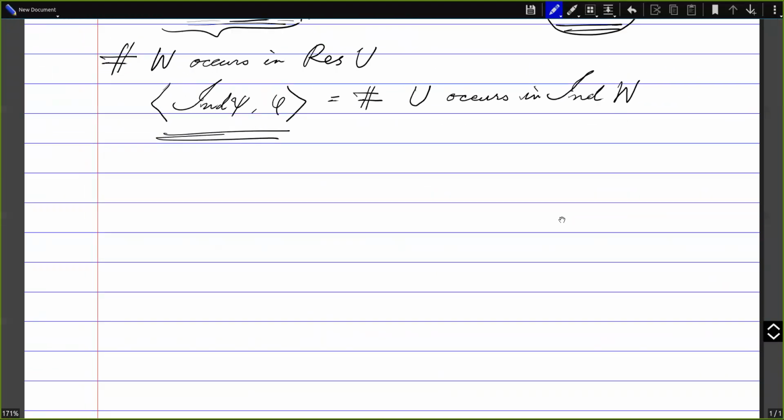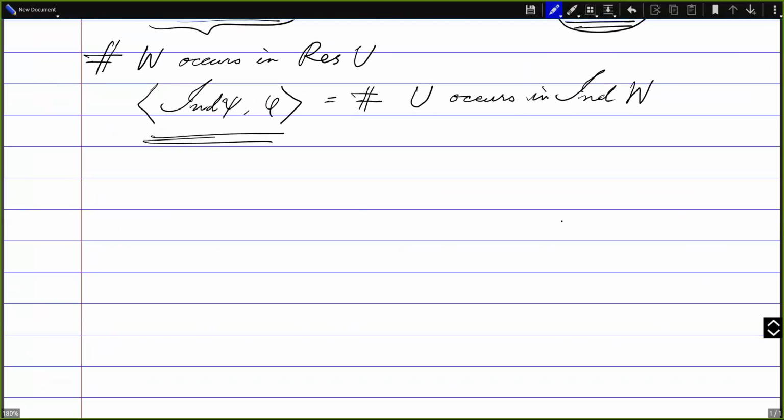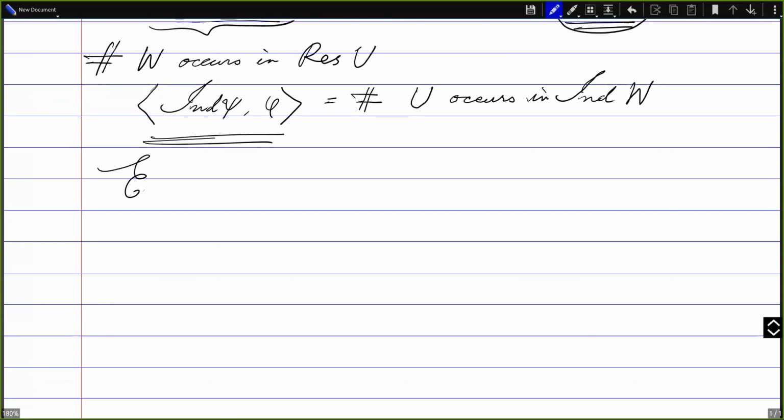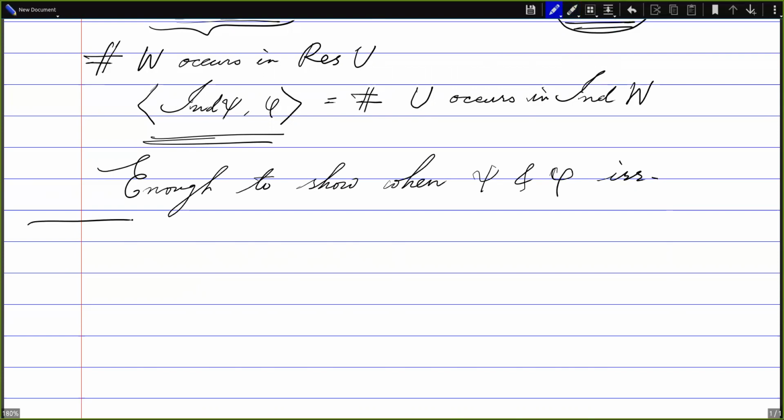Okay. So we will prove the formula for irreducible characters.